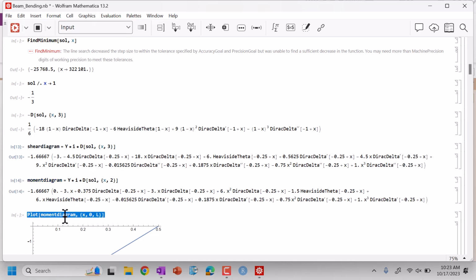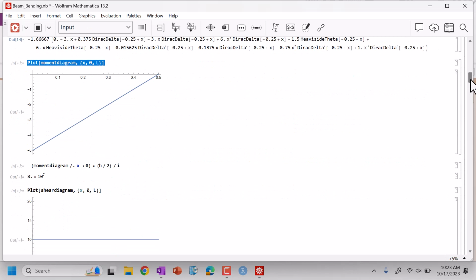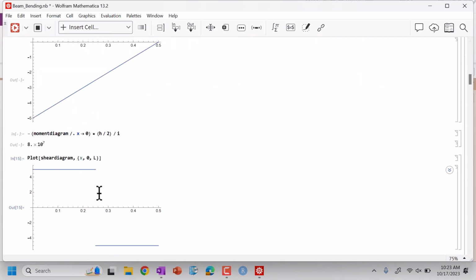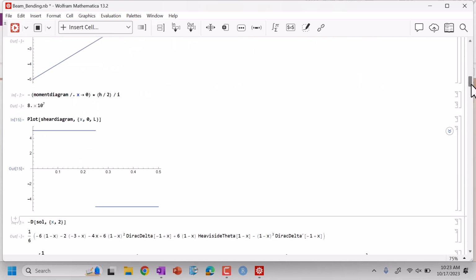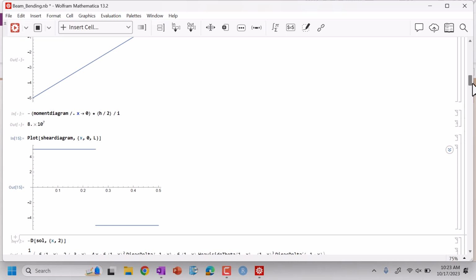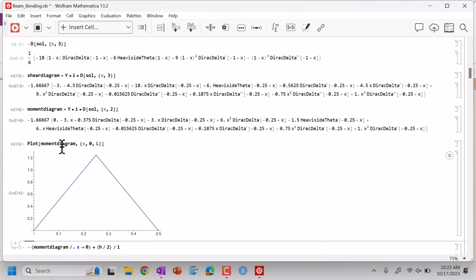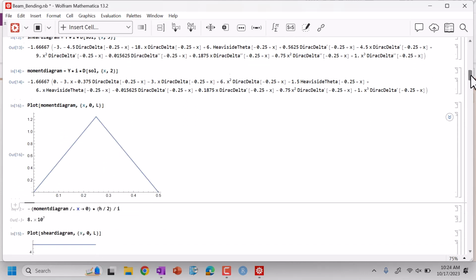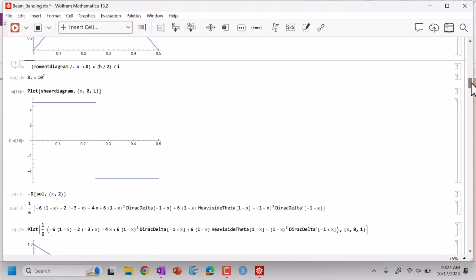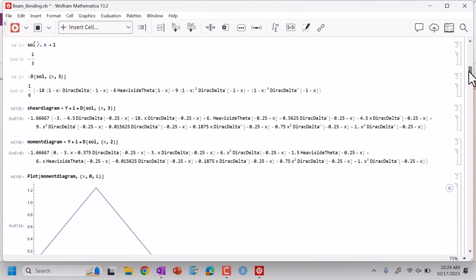Let's look at our shear diagram first. We can see that two-step discontinuity, obviously, and it makes sense when you look at your resultant forces. And we can see a value here. So we can see the moment, actually see the shear moment there.